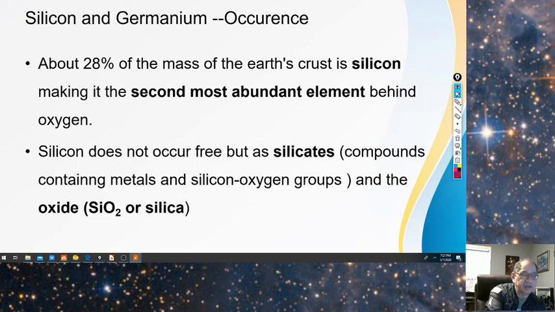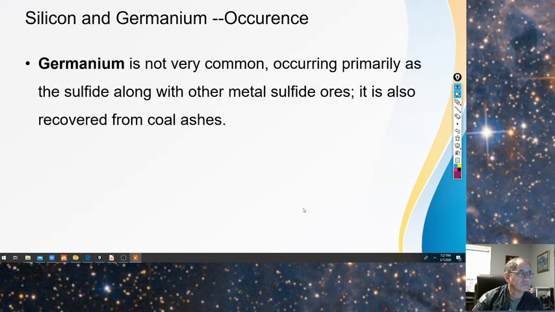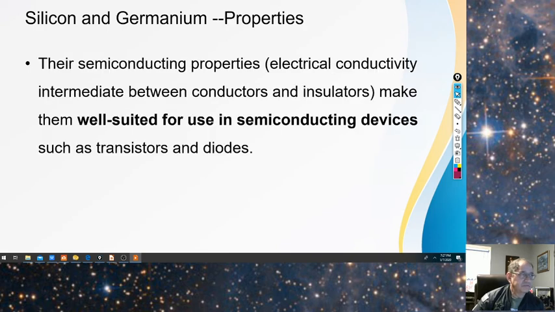Know that as silicates, and as silicates and the oxide, these two. Germanium. Know this one line about germanium. Not very common. Know this one line about germanium.